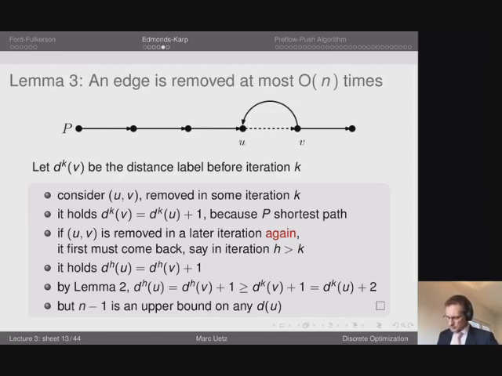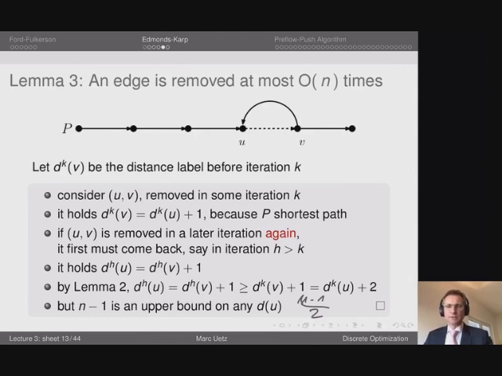Between two consecutive removals, these distance labels increase by at least 2. So that means I can remove one and the same edge at most (n-1)/2 times, right? So (n-1)/2 is an upper bound on the number of removals of one and the same edge.